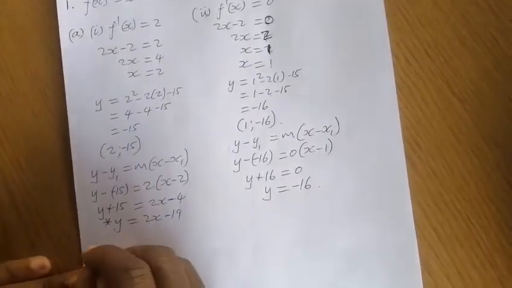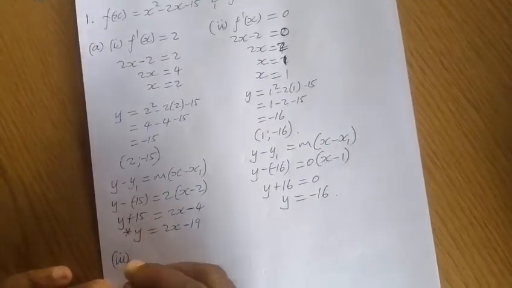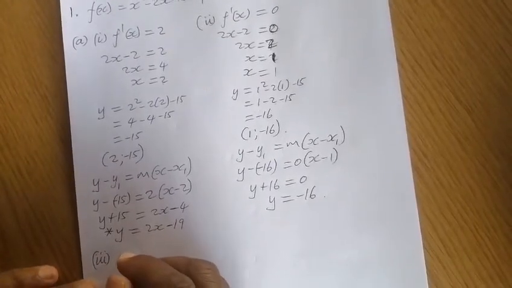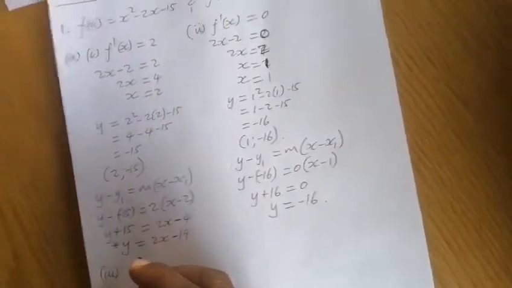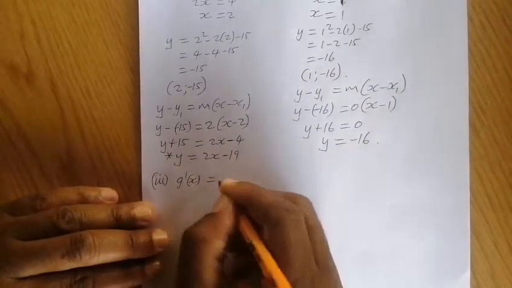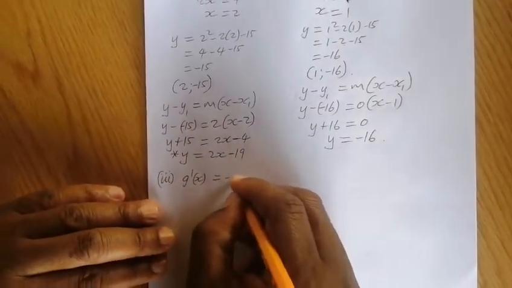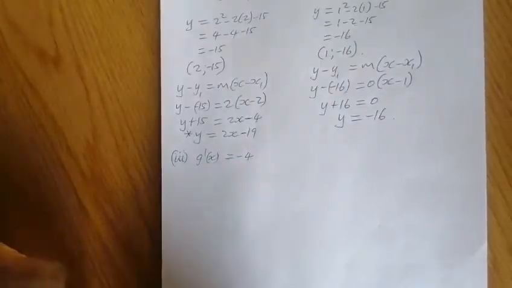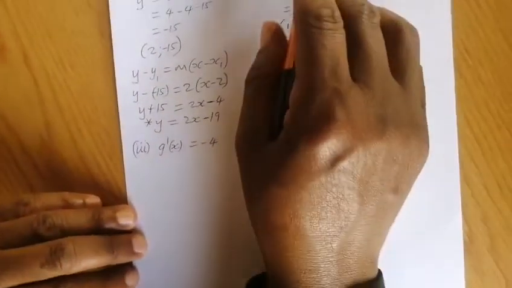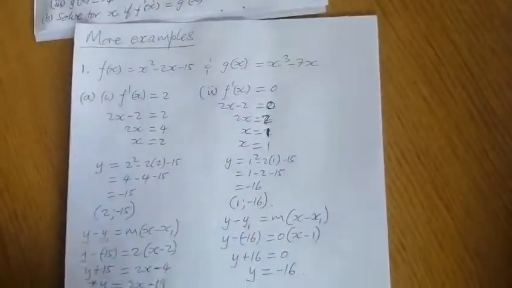Then part 3, we are repeating the same question, but we are now using g. So our g dash of x is equal to minus 4. We are given that. So let us find the derivative of g.